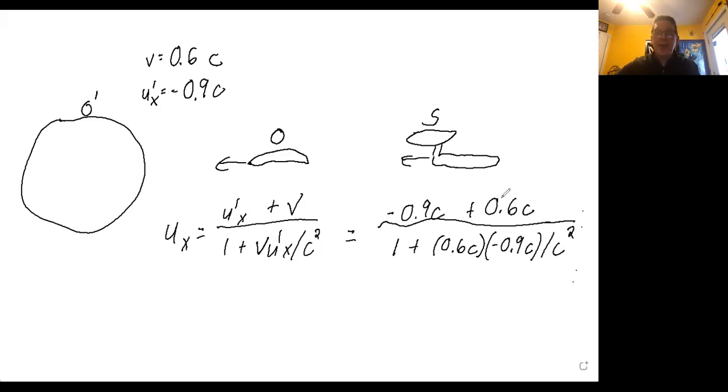So on the top, we have negative 0.3 c. And on the denominator, we have 1 minus, and so this becomes 0.54. And so the c squared terms cancel out. So that's 0.54.